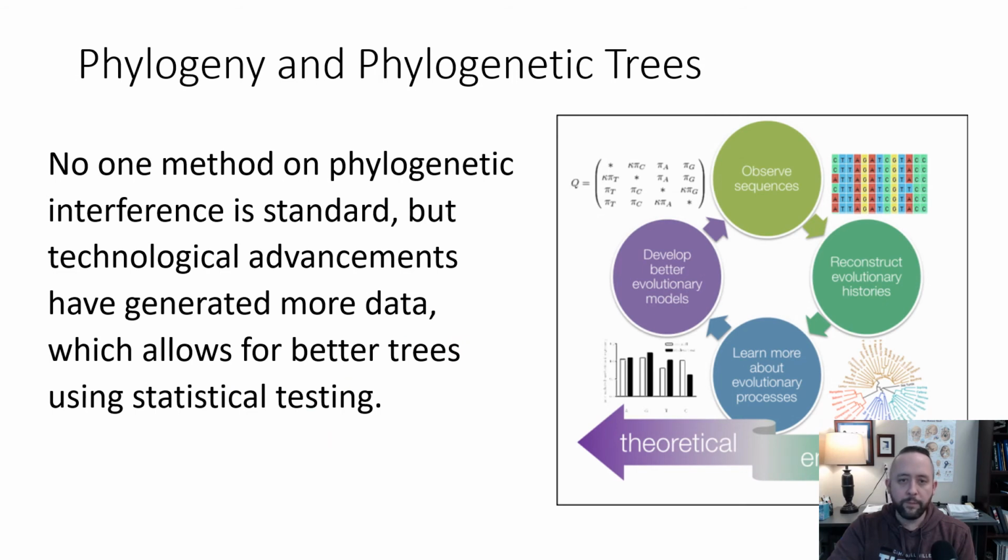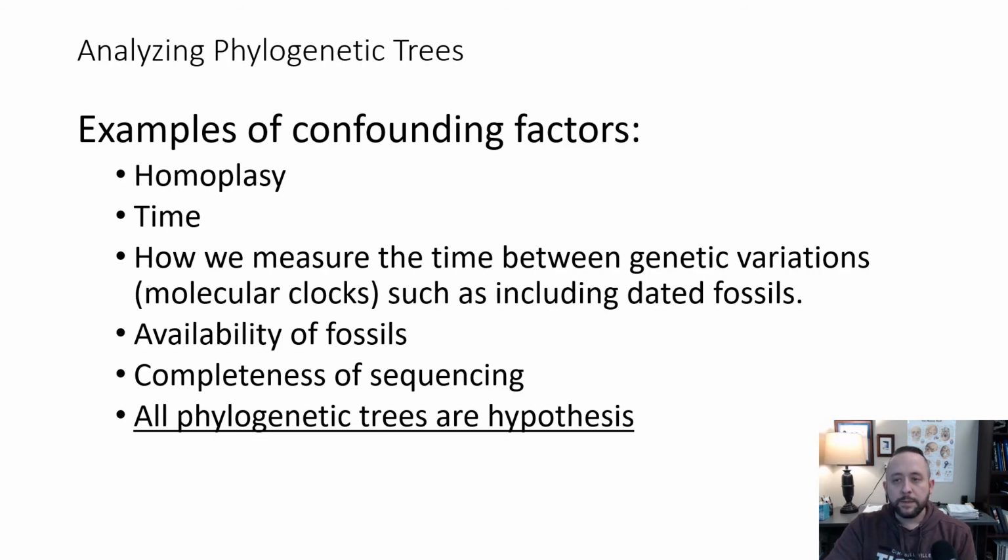Remember, no one method of analyzing or inferring the relationships in a tree is standard, but like I said earlier, every bit of data we add to the pile just helps us to make better educated guesses, especially on the theoretical side of things and statistical testing. So what can make this a difficult choice?